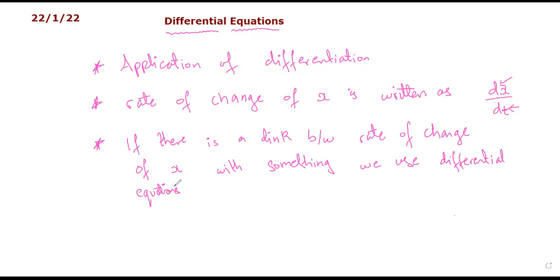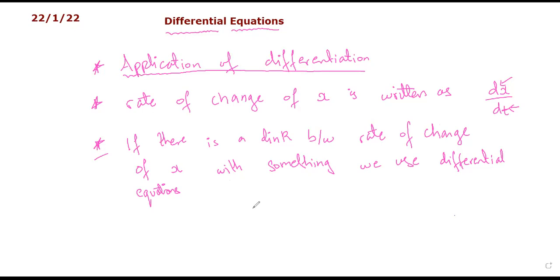Okay, now the very first line is telling you it is an application of differentiation. Then the second thing is telling you that rate of change of x is written as dx by dt, and the last point is the main thing. If there is a link between rate of change of x with something, we use differential equations.